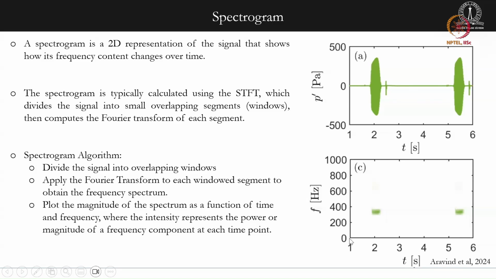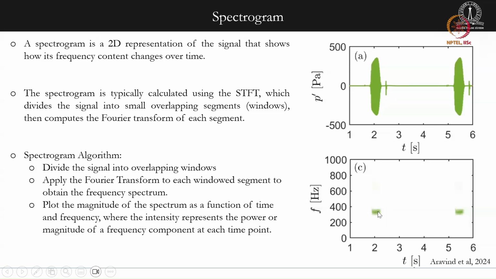Here the x-axis is again the time axis, and the y-axis is the frequency axis. The intensity of the color shows the magnitude of that Xk vector. So we can see that in the time period from around 1.7 to around 2.2 seconds, the dominant frequency was around 350 hertz, and its magnitude was very high.